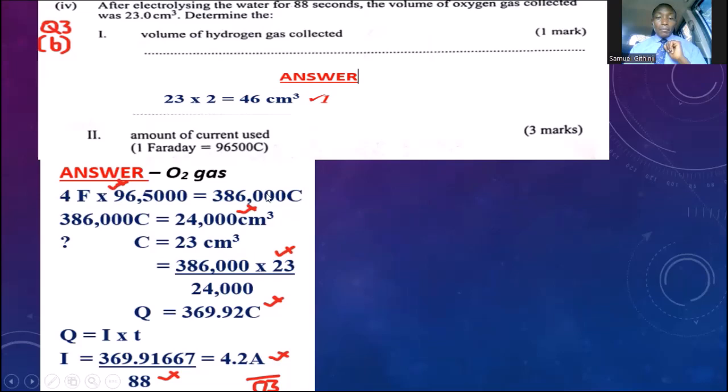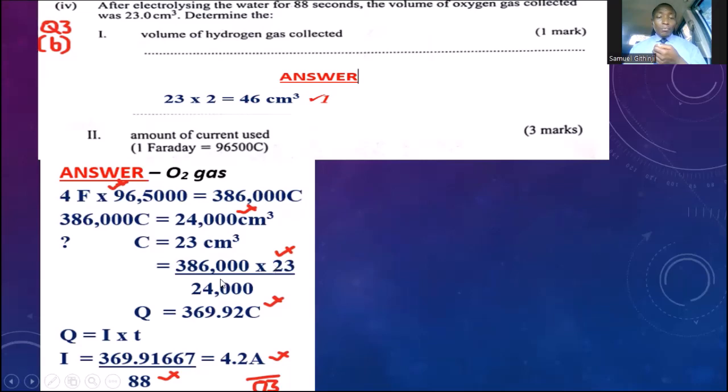If this produces 1 mole of oxygen that occupies 24,000 cubic centimeters, how many coulombs will be equivalent to 23? I hope, my student, you're getting that. This is molar gas volume. For getting the molar gas volume, a half a mark. For multiplying by 4, a half a mark. Now, for doing the cross multiplication, another half a mark.